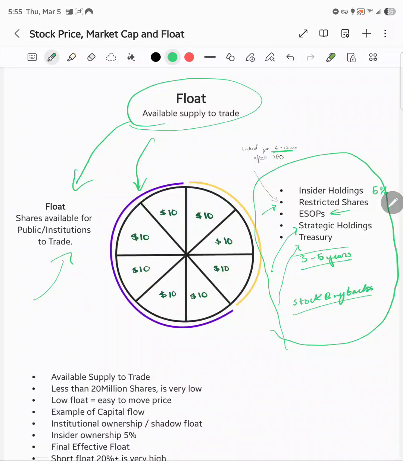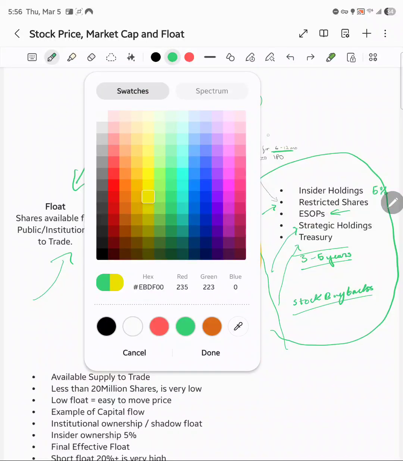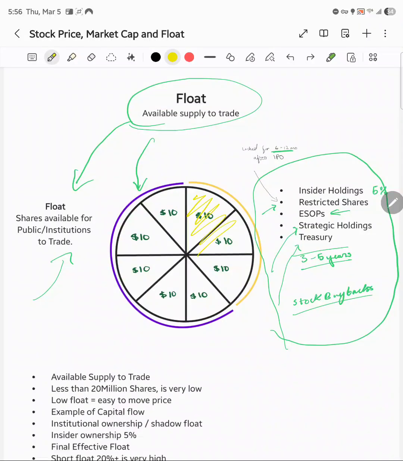So all of these, except for these shares, everything else is ready and is being traded on the open market because they're not restricted, there is no vesting, they're not being held for power positions like strategic holdings, they're not in a treasury, they're not held by insiders, things like that.